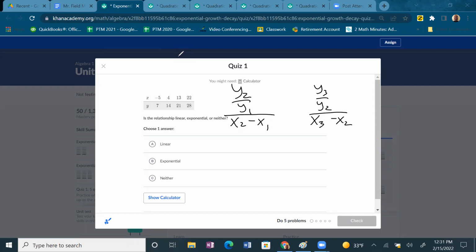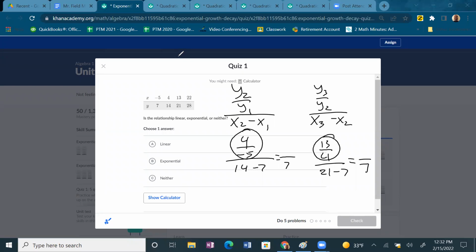And we'll see if we have a common ratio. So that would be 4 divided by -5 over 14 minus 7, and then 13 divided by 4 over 21 minus 7. So I have 7 on the bottom, but is 4/5 equal to 13/4? I don't think so. They can't be, because one's got an improper fraction. 13 is bigger than 4, so it's not exponential.